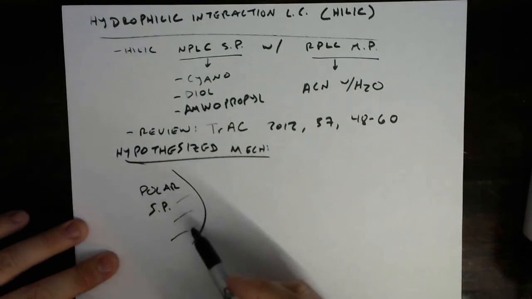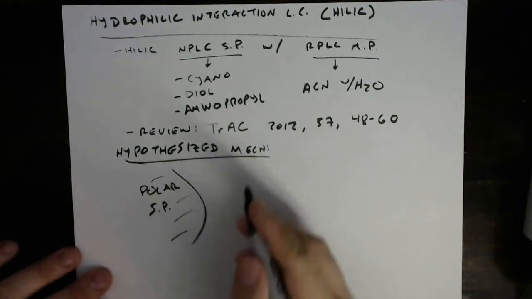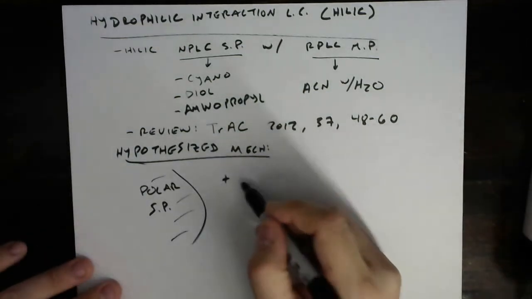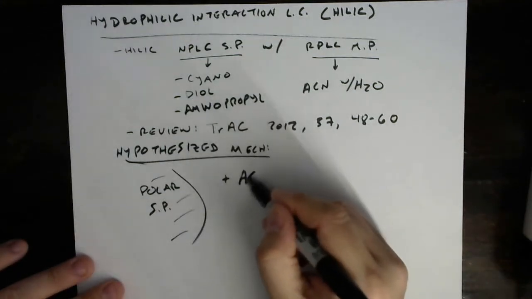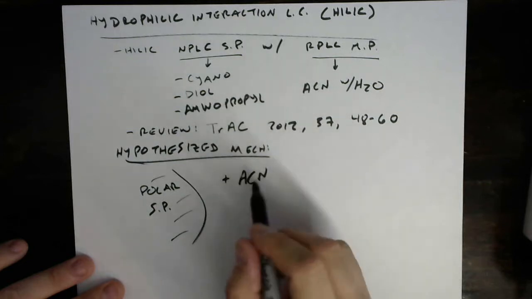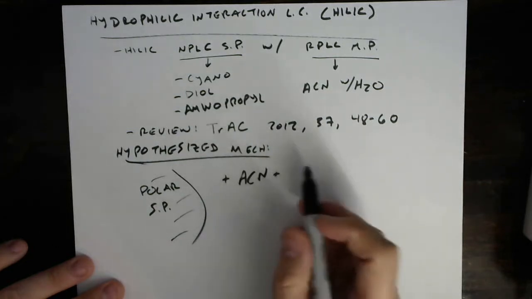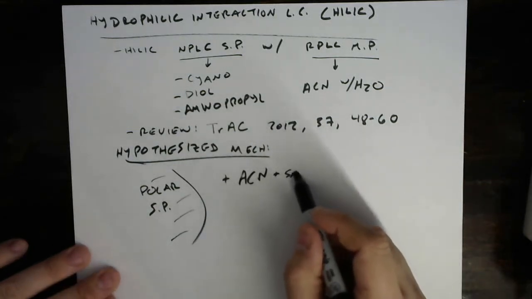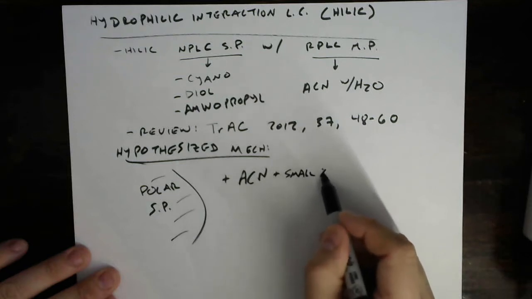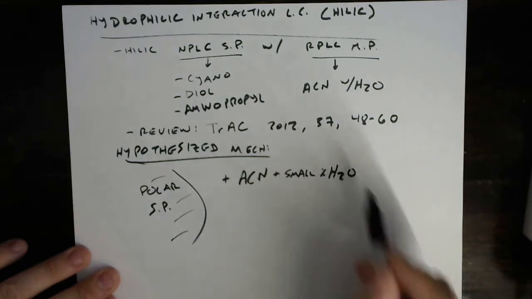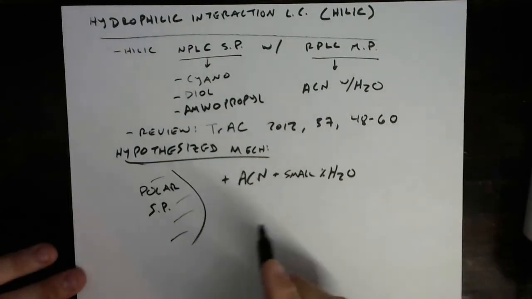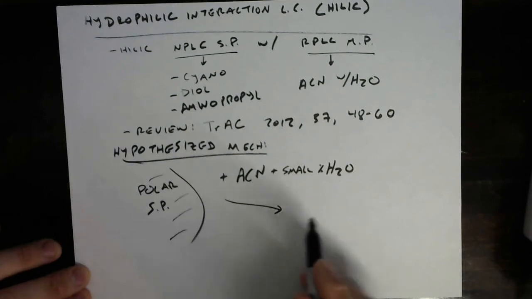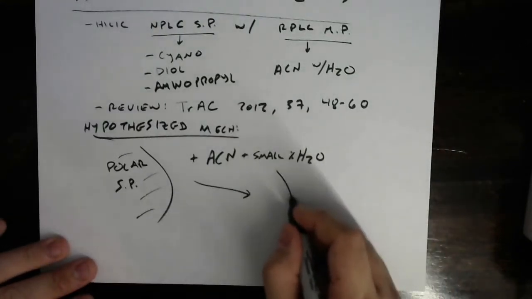So here it is. And what you're going to do is you're going to add to that an environment, a solution environment around it, that is acetonitrile plus a small percentage H2O. So we're talking 5–10% water.